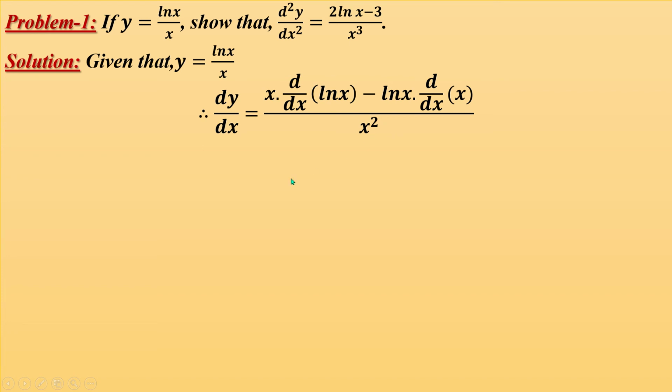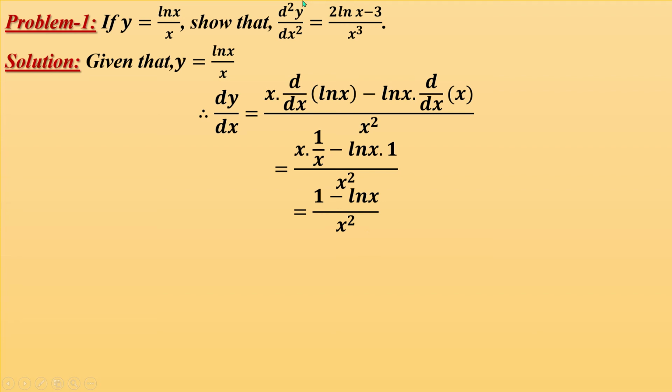Clear everyone? Now this equals, we can write x fixed here, the derivative of ln x equals 1 by x, minus ln x, and the derivative of x with respect to x equals 1, divided by x square. Now x cut, we get 1 minus ln x by x square.